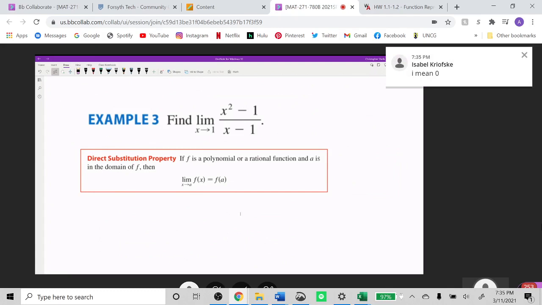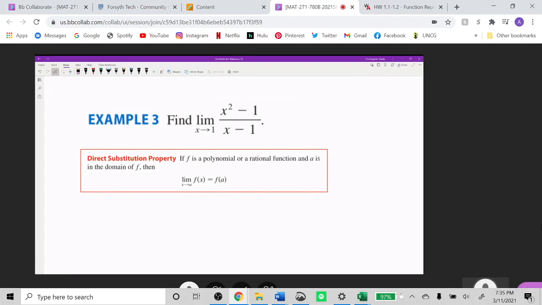Yeah, the denominator would equal 0 if I use direct substitution, right? This means that a is not in the domain of f, right? Now, I can work this to a place where I can use direct substitution, though, because I remember factoring. How does the numerator here factor?